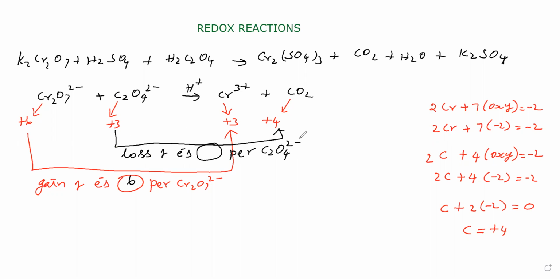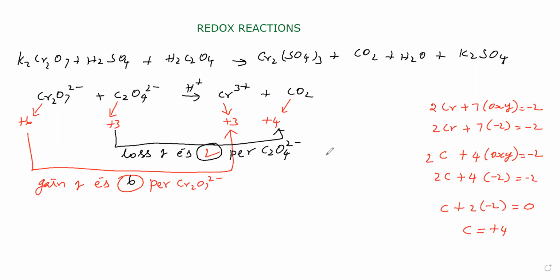For one carbon atom, the charge is +3, and it converts into +4 by losing one electron. Oxalate contains two carbons, each losing one electron, so the total loss is 2 electrons.